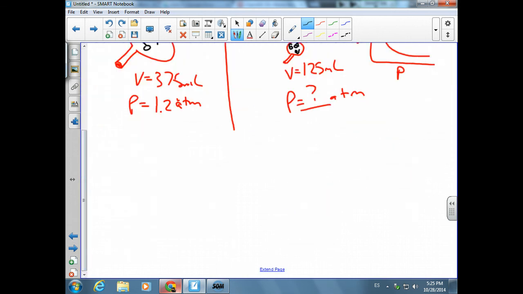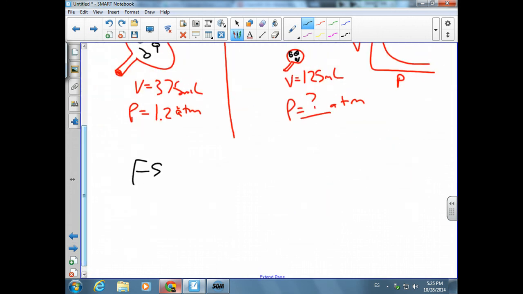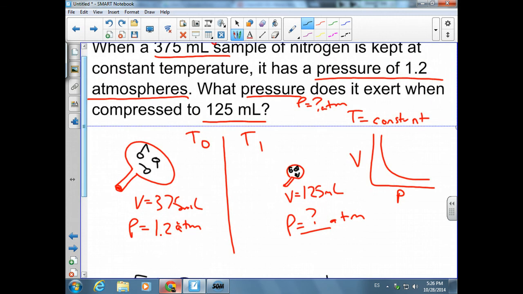So let's go ahead and say, for every 375 milliliters, there is 1.2 atmospheres of pressure. Let's go back and take a look at our graph here. My volume originally was pretty big, at 375 milliliters, which is way up there. Then I made the volume a lot smaller, which would be somewhere down here.